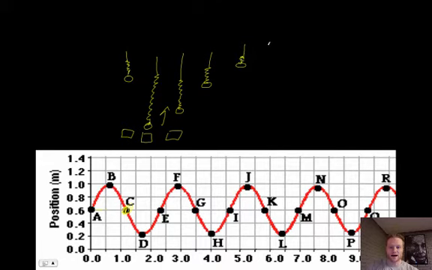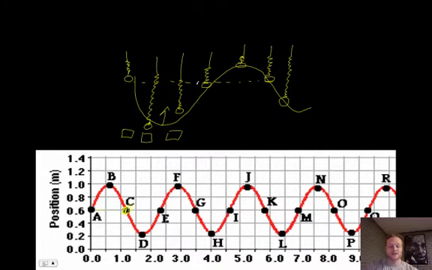Then it swings back down to here, and then back down here. You notice it's going up and down. That's called simple harmonic motion. That's what this graph is showing: if I had a motion sensor at all of these points and graphed the motion of this mass going up and down on the spring, this is what it would look like.